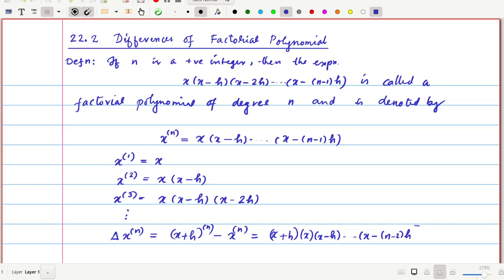If we consider the product of these terms, that will constitute x plus h of n. That means the n factors starting from x plus h.